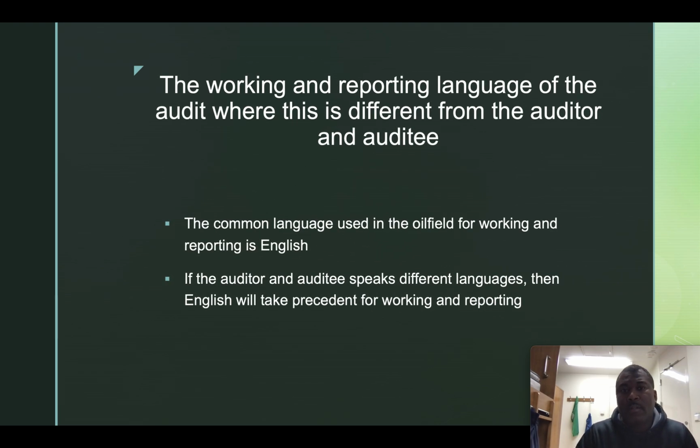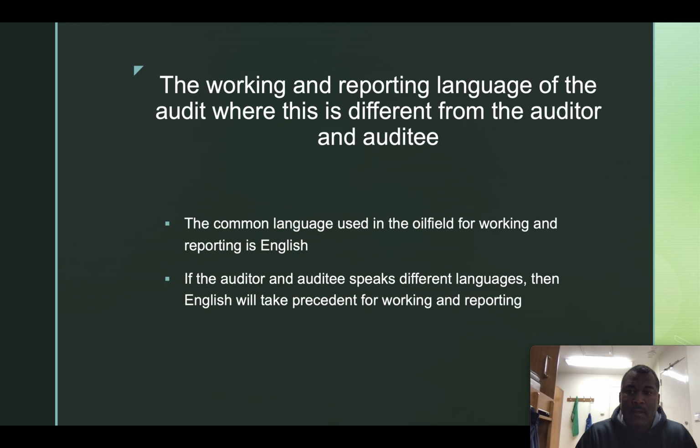Okay, guys, the working and reporting language of the audit, where this is different for the auditor and auditee. This is very important, guys. The common language in the oil field used for working and reporting is English. This is important because you have people of various backgrounds, different cultures, who speak different languages.